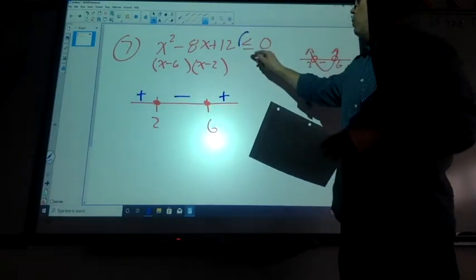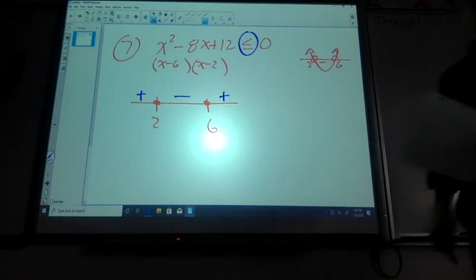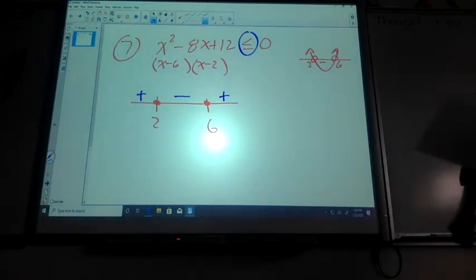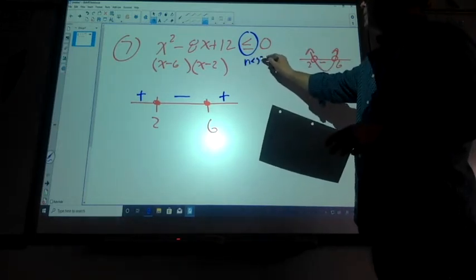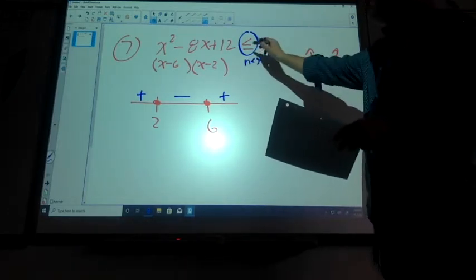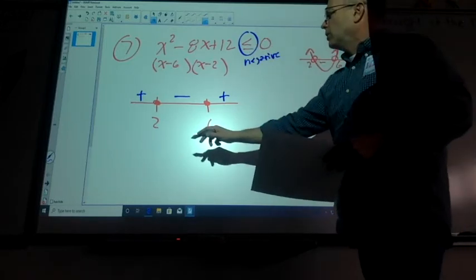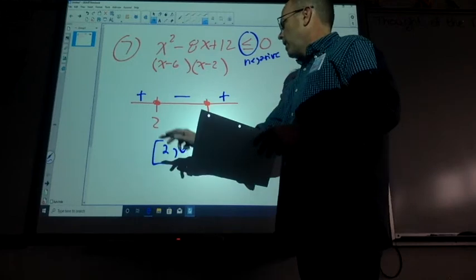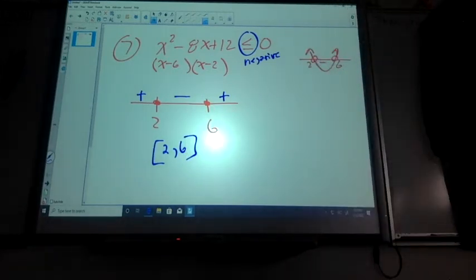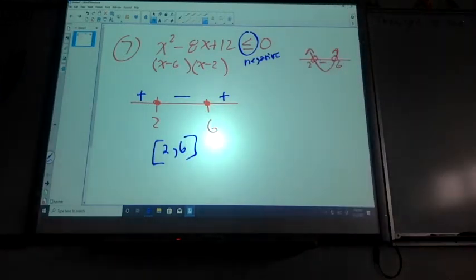So this wanted what? Smaller than 0 or greater than 0? Smaller. So we want negative because of this. All right. It has the equal sign, so I'm going to square brackets. So I'm going to say, hey, I'm going to go from 2 to 6, square bracket, done. Cool?